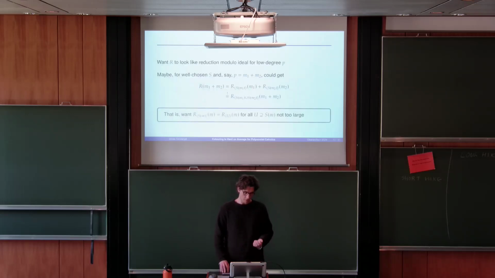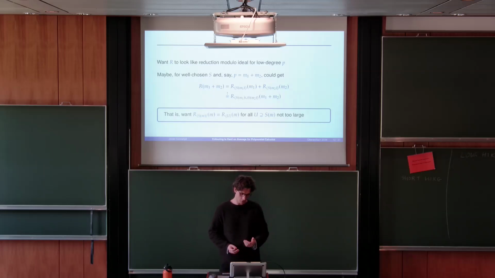So now I'm going to be a bit vague and a bit incorrect, motivating the technical property we're after from these S of M sets. So we want R to look like reduction modulo an ideal for low degree polynomials.